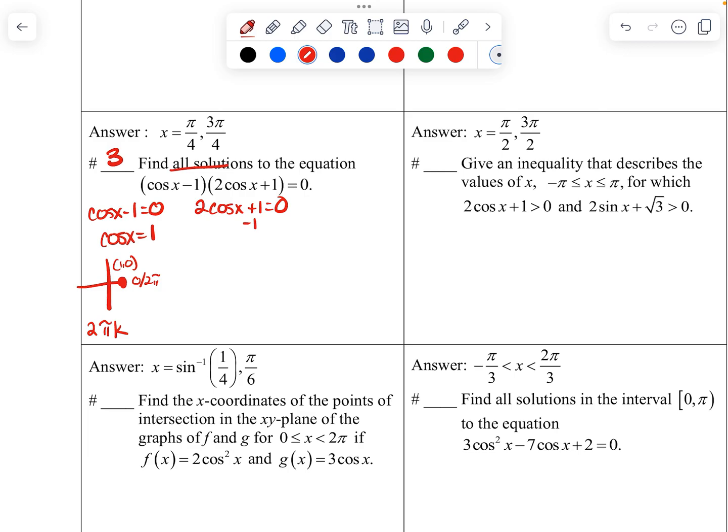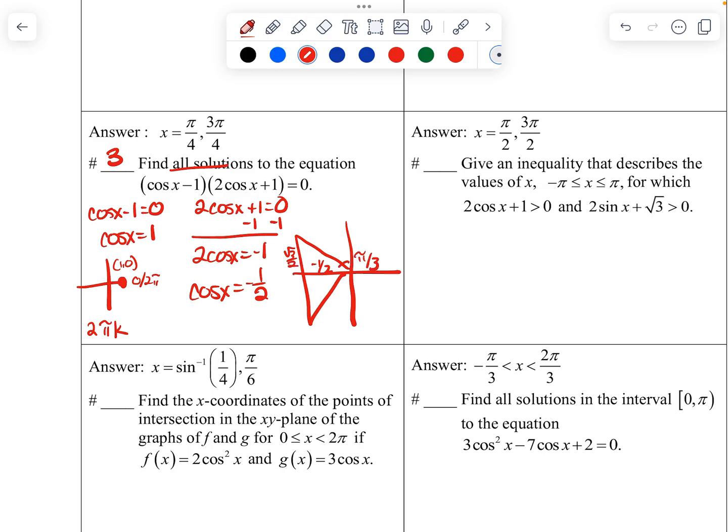This one, minus 1, and divide by 2. So cosine is our x. So if that's negative half, we're at root 3 over 2, which means this is pi over 3. So again, if this is 3 pi over 3, so this is 2 pi over 3 plus 2 pi k, and this would be 4 pi over 3 plus 2 pi k.